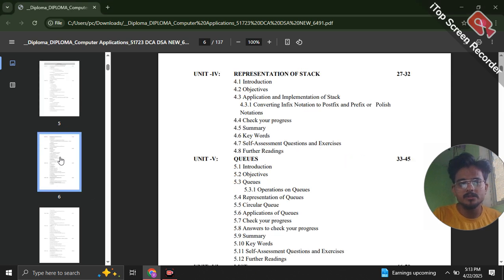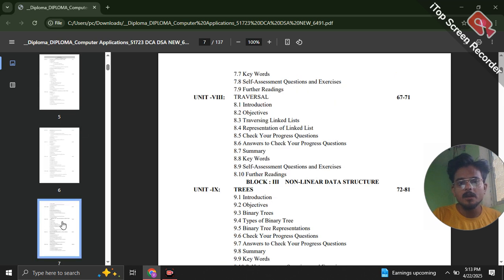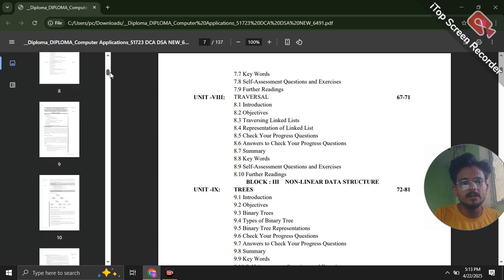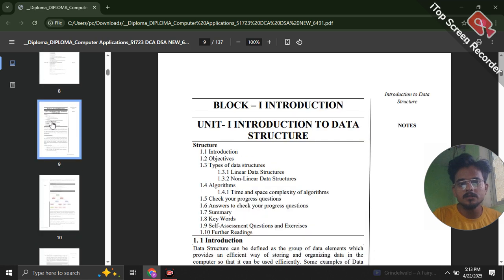This is representation of a stack. In this video we will try to cover most of the things, so that introduction to data structure. Okay, this is the starting.